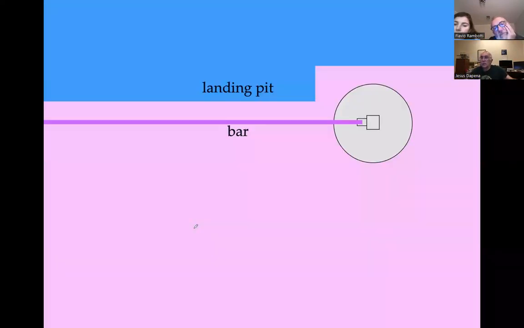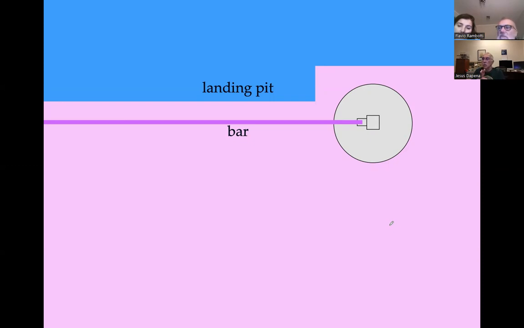So let's see. This is a high jump area seen from above, this graphic. In blue, you have the landing pit. You see the bar also, the standard that holds the bar up, and the tartan in pink. When you start your run-up, you run perpendicular to the bar.